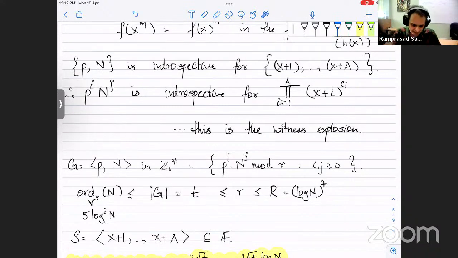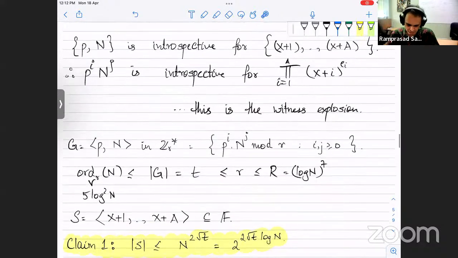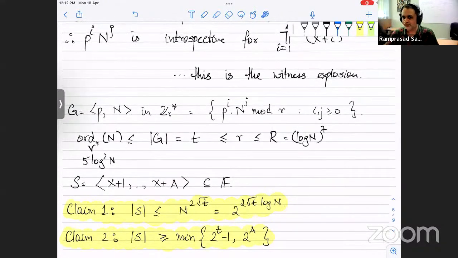Because basically the previous equation is saying that every element of G is introspective to every element in S. So we're trying to get a sense of what the size of these things are to get our desired contradiction and say that something really bizarre is happening. So what we are going to do is prove two bounds for the size of this set S. On one hand, we will show that S is not too large, which is roughly something like 2 square root t log n or something.